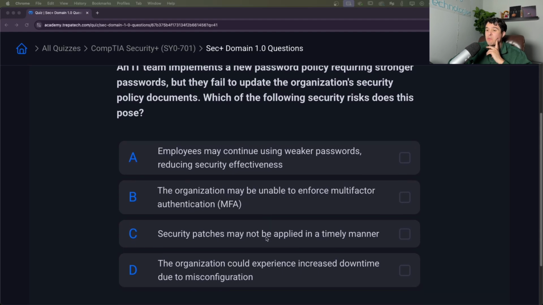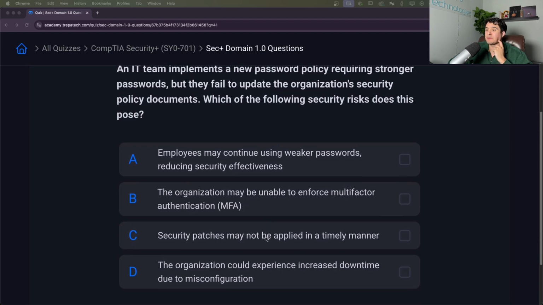So people don't know about it, essentially, but they're probably going to be forced, and they may not get a message when they have to reset their password. So what security risk does this pose?